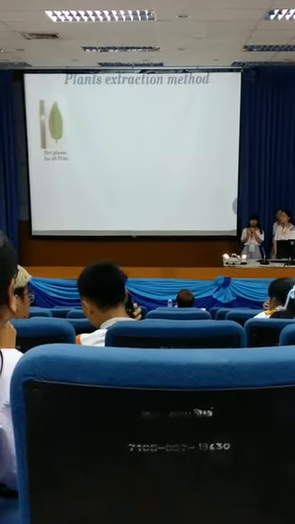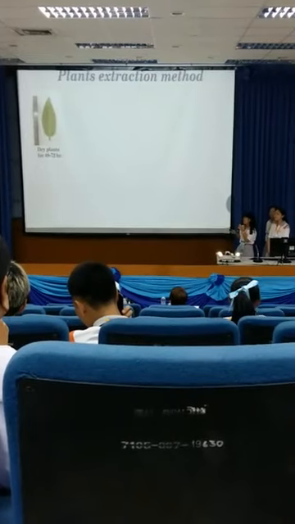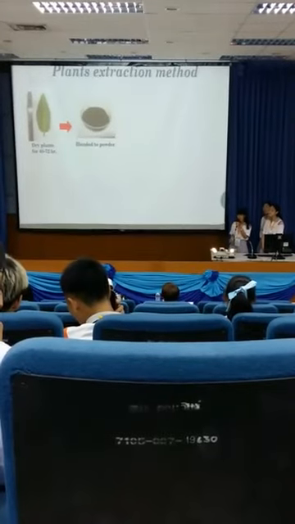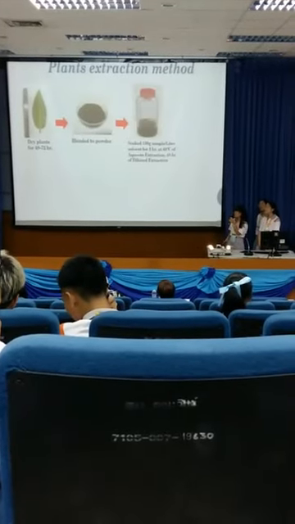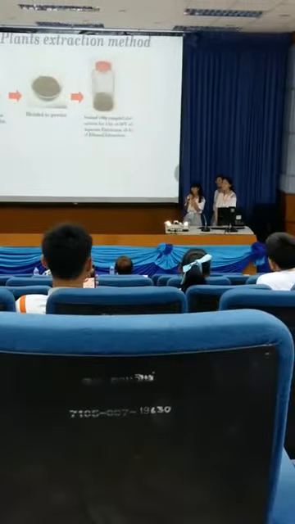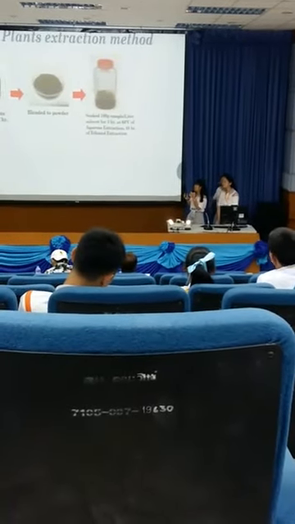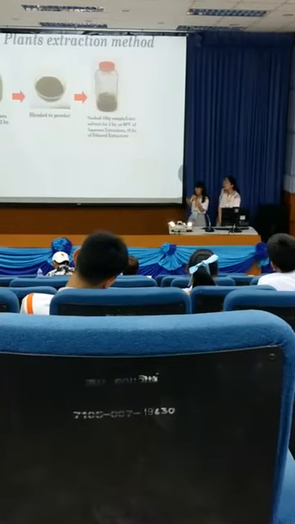In the plant extraction method, first we dry the plants for 48 to 72 hours and grind them to powder. After that, we soak 100 grams of powder in 1000 milliliters of solvent, distilled water and 95% ethanol.